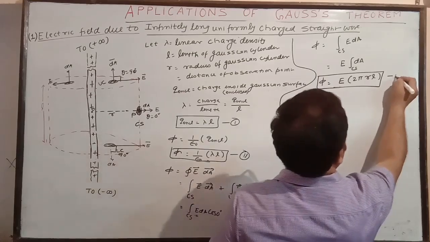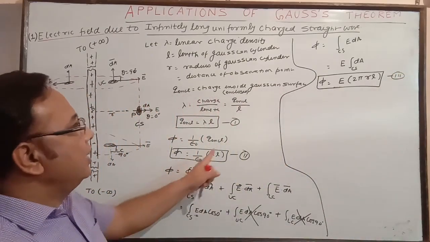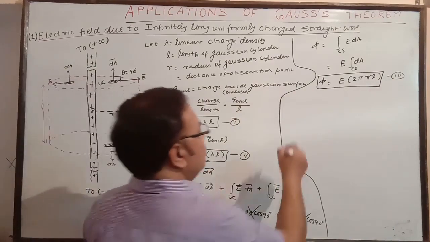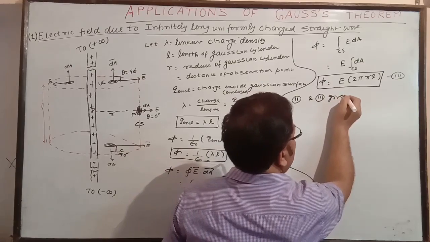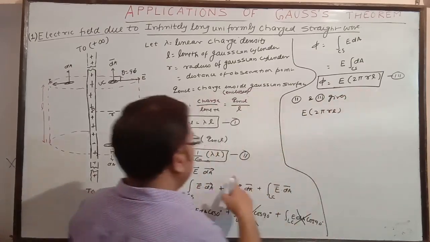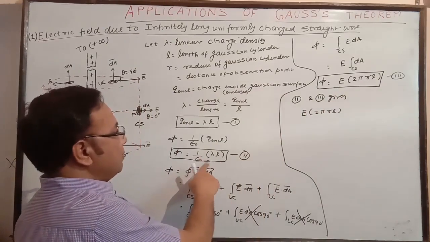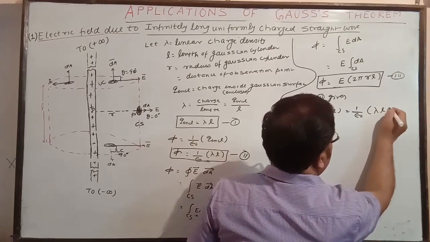Comparing 2 and 3, the two fluxes are equal: E into 2 pi RL equals 1 by epsilon naught lambda into L.